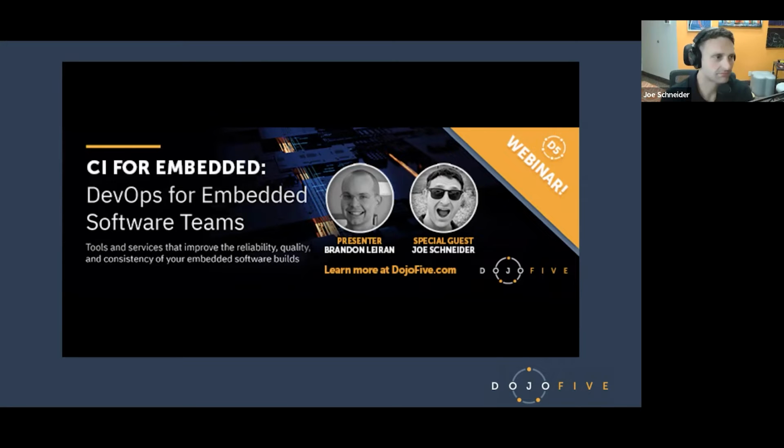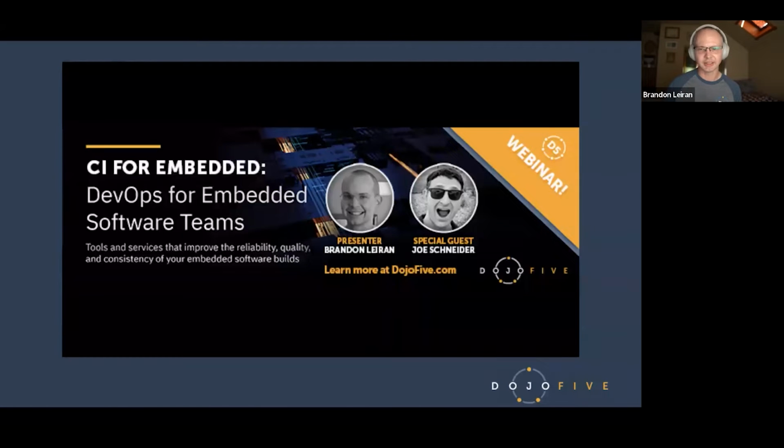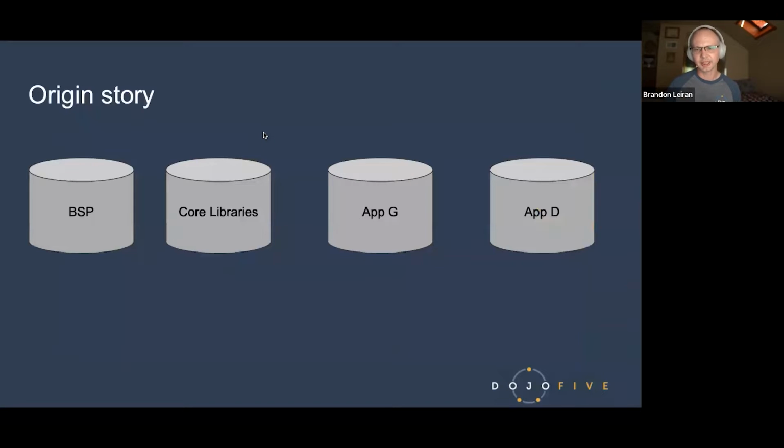Yeah, cool. We are going to talk about CI for embedded. We're going to get started right away with 15 years ago, Joe and I started at a new company and got put on a project that was already in flight. We had an architecture already and teams established. So there were 4 repositories with different things in it.